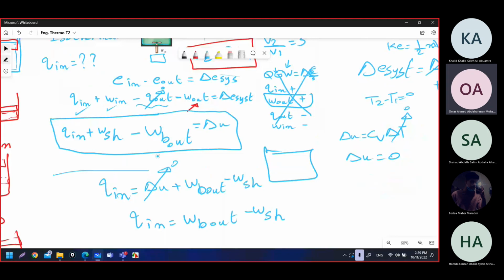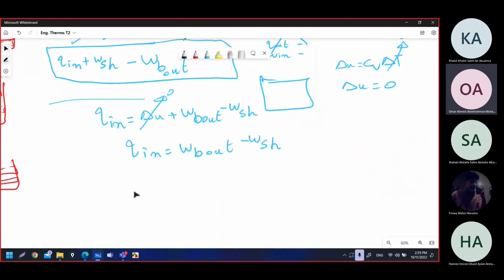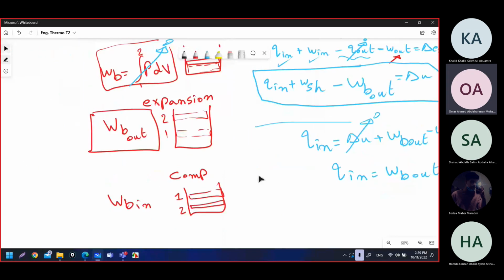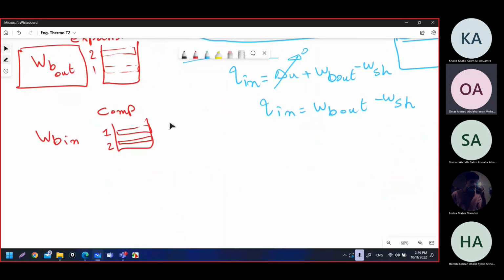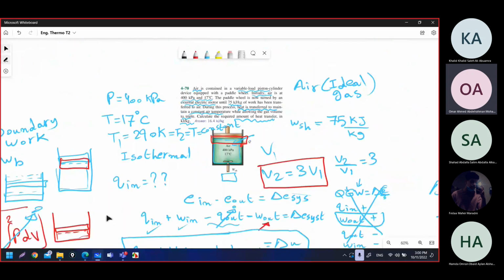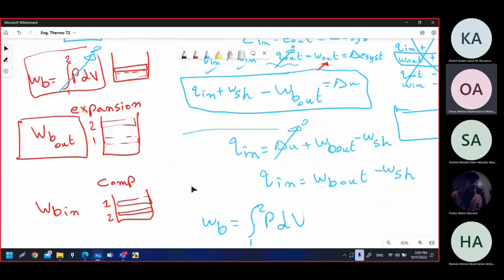Now I have the isothermal process. In order to find the W boundary work out, I have this equation for the boundary work. The boundary work is equal to the integration from 1 to 2 of P dV. We said in the beginning that we will assume that air is an ideal gas, in order to use the ideal gas law.